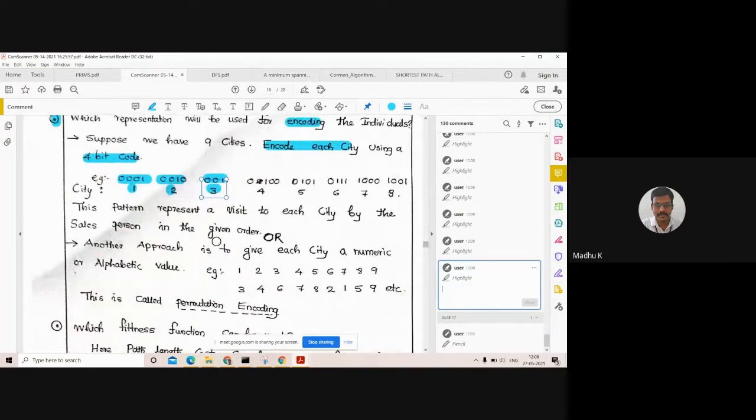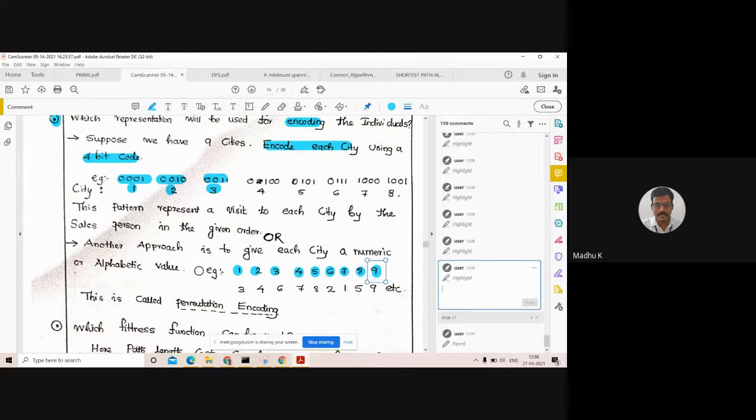Another approach is to give each city a numeric or alphabetic value: 1, 2, 3, 4, 5. What I'm doing here is giving the visiting city order. In this order I can travel 1, 2, 3, 4, 5, 6, 7, 8, 9; 9 is one city, 8 is another city, 7 is another city, and so on. So I can visit in this way.